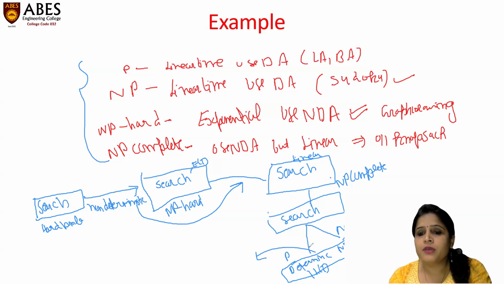We all know that in today's scenario we have two algorithms, linear search and binary search, whose execution time is order of n in linear search and order of log n in binary search. These are deterministic algorithms because we have one set of instructions. In linear search, we compare our key value one by one with the list of available items.